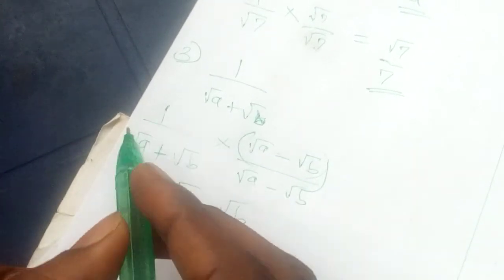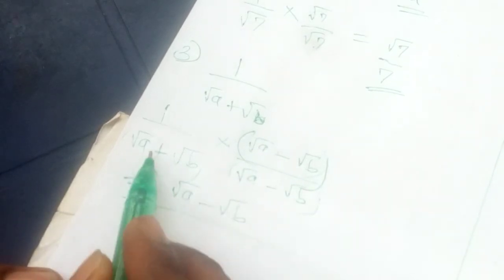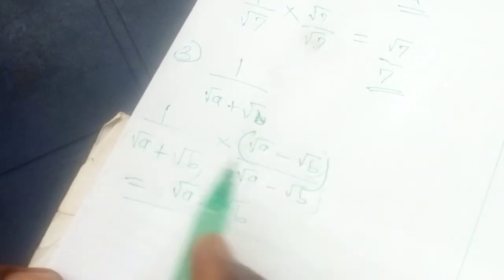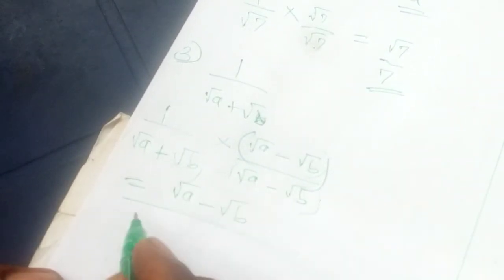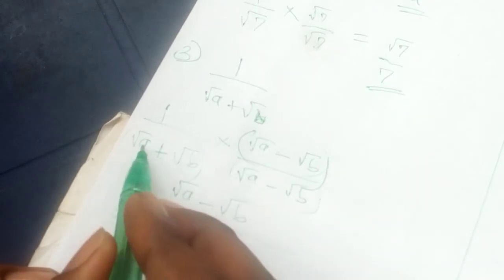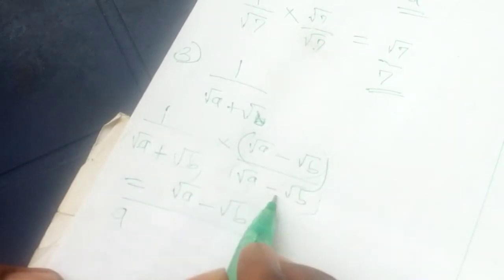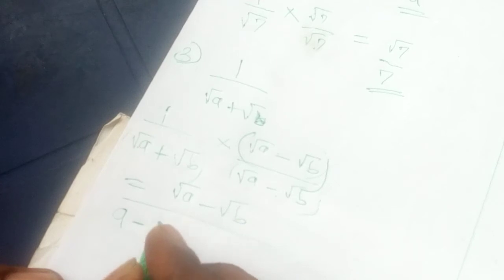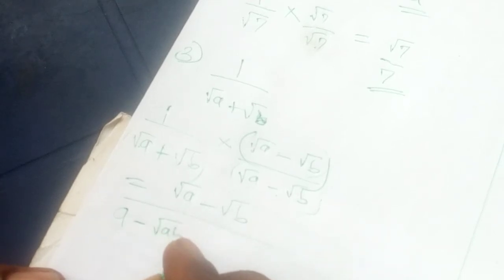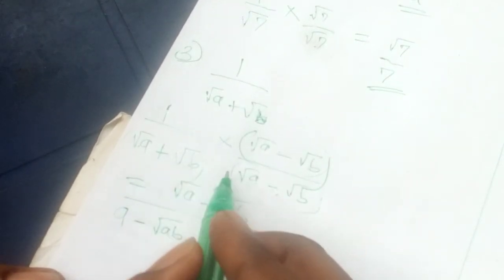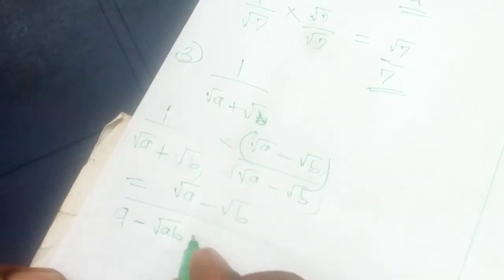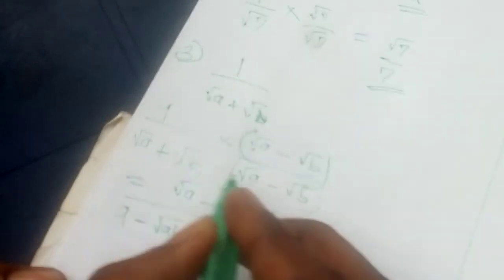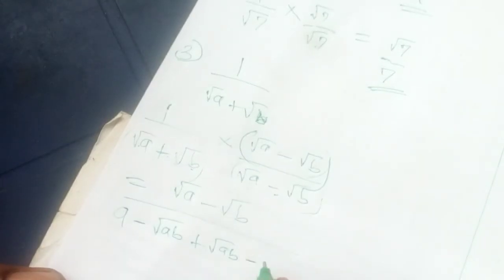Now the next thing you're going to do is to expand the denominator. How do we do that? Root A times root A will give us what? A. We take this root A multiplied by minus root B, which gives us minus root AB, plus root B multiplied by root A gives us plus root AB, plus root B times minus root B gives us minus what?